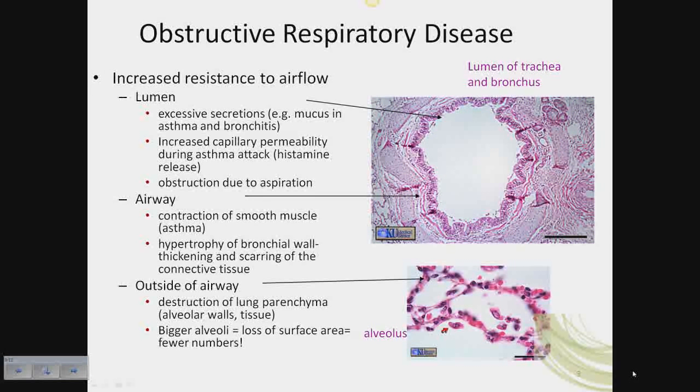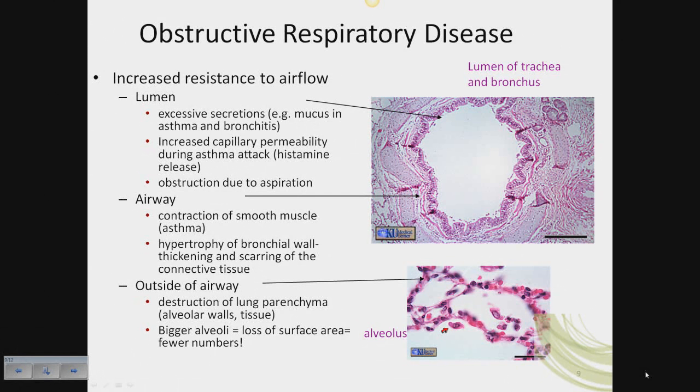We also can have damage occurring outside of the air passageway, meaning outside the smooth muscle layer, just on the external surface of the bronchial, if you will. We can have destruction of the lung parenchymal cells. And what are parenchymal cells? The parenchymal cells are the main cells of the lung that are actually contributing to the alveolar walls, the actual tissue that's generating the air passageways.